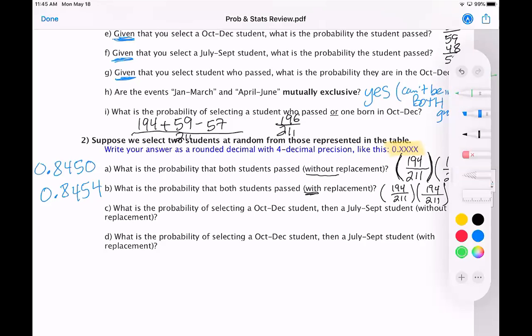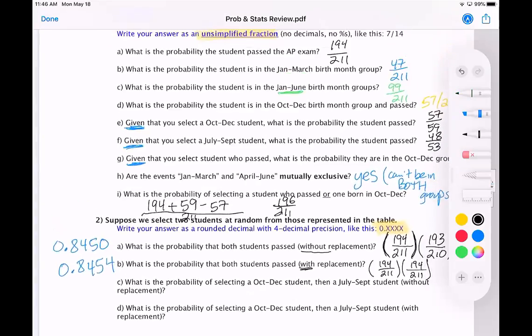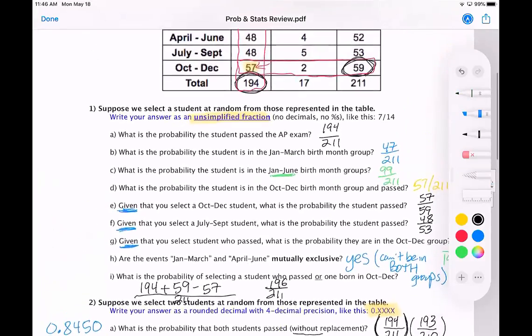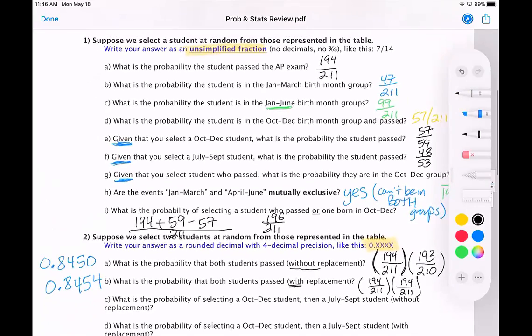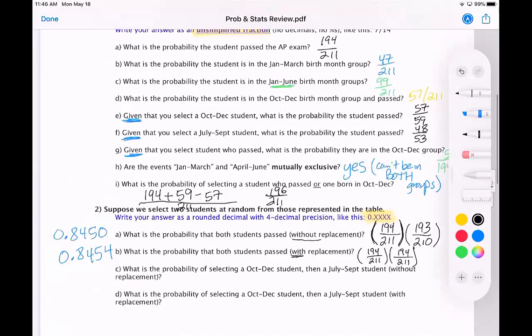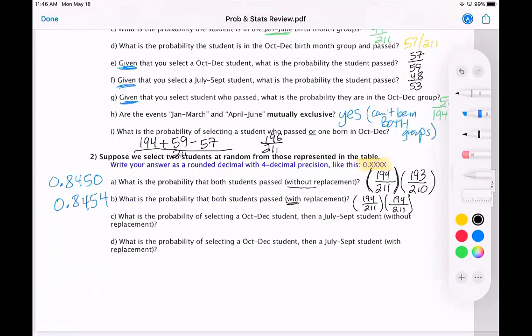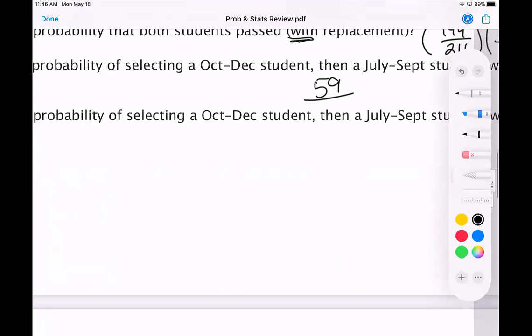Letter C, we have, what's the probability of selecting an October-December student, then a July-September student without replacement? So October to December, we had 59. And then July-September, we had 53. So we have 59 out of, excuse me, 211.